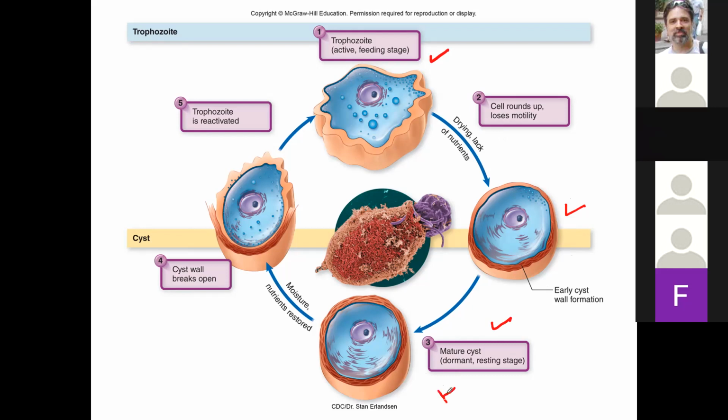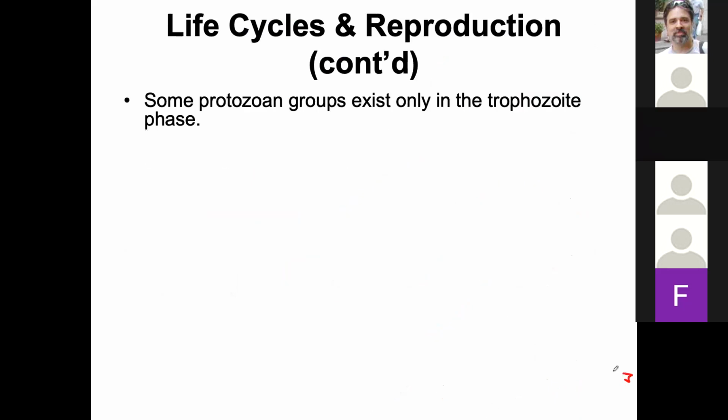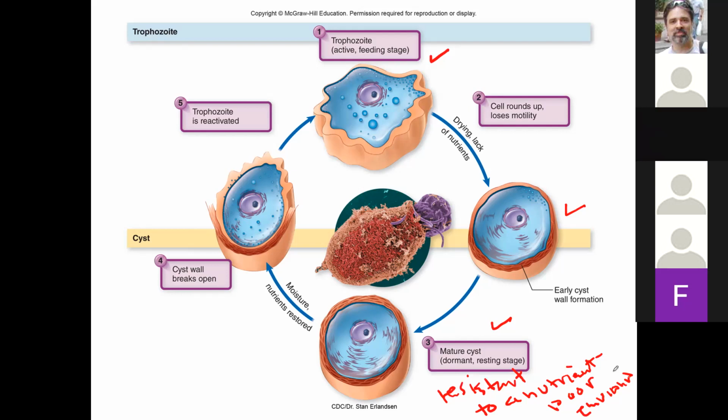This is resistant to a nutrient-poor environment. Then the environment improves, the cysts break open, and the trophozoite reemerges.